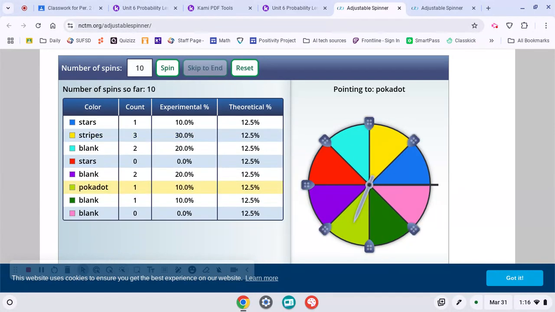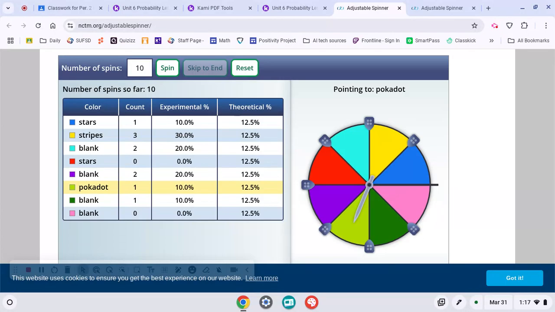All right, so on our table, it starts with stripes, and our stripe section landed 3 times. On the blanks, we have to find all of the blank spots, so we had 2 plus 2 plus 1, and that was on white.